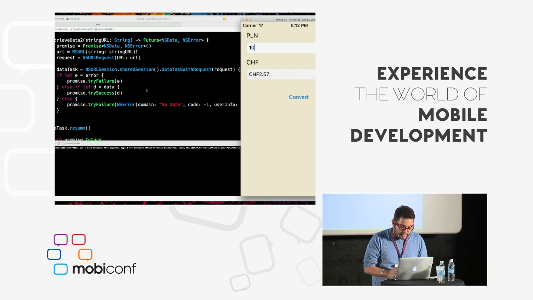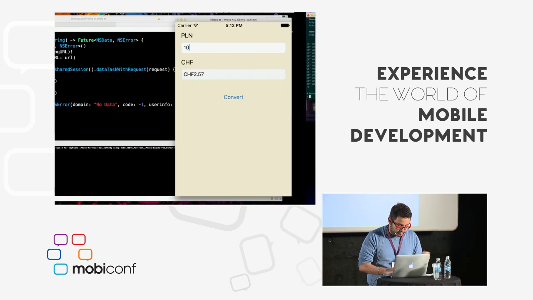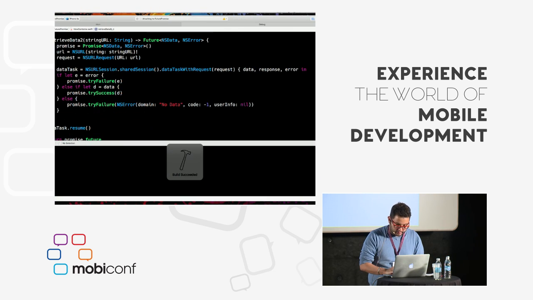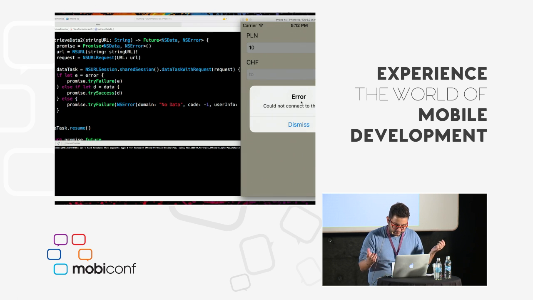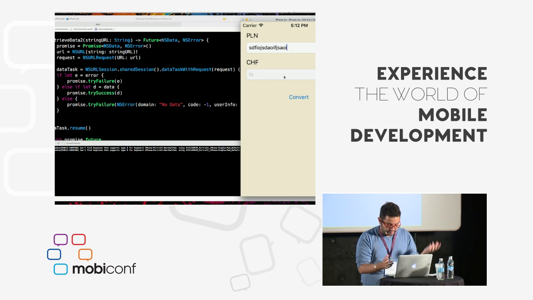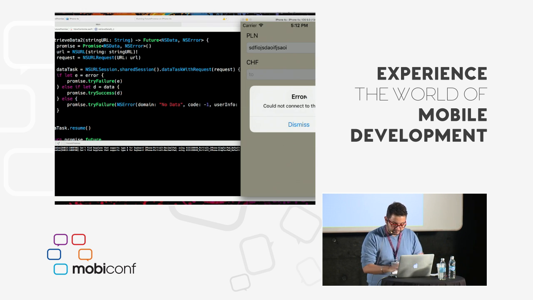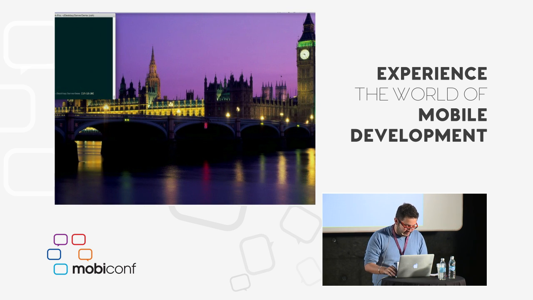Let's see what happens if I don't have a connection. So I kill the server, and it should not crash. Let's see. Could not connect to the server. And another example, what if I type random? Of course, there is no connection, so it doesn't make sense. So let's start again.